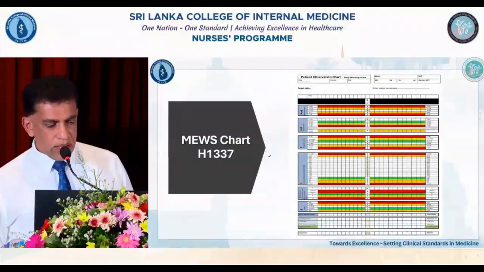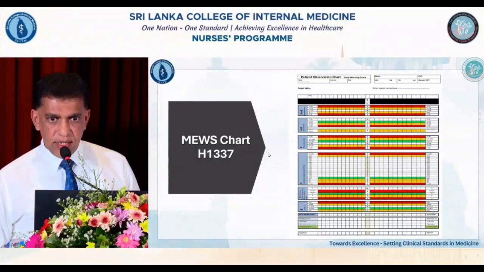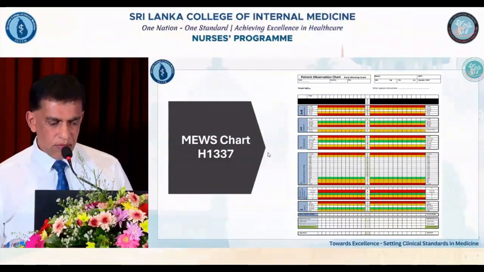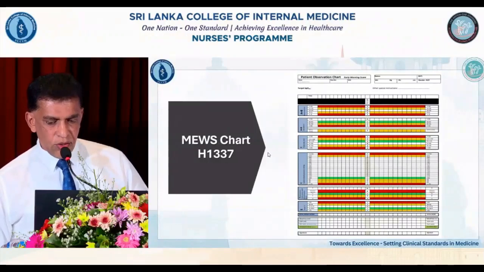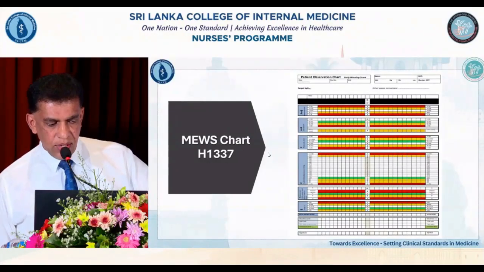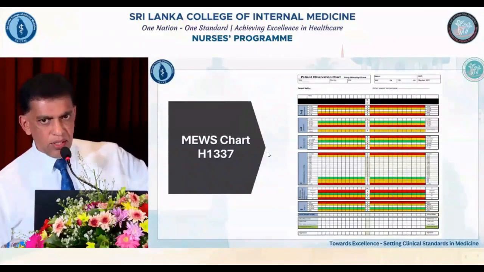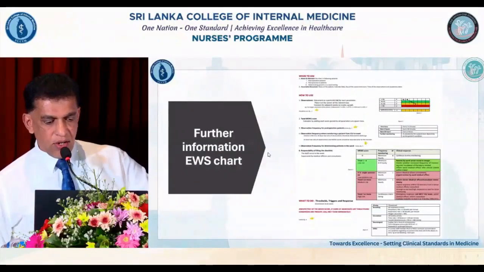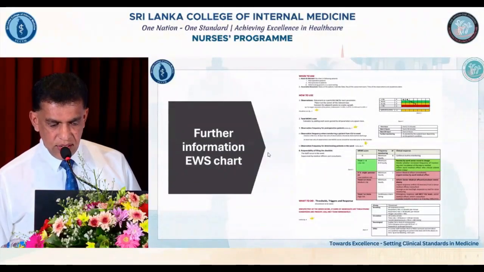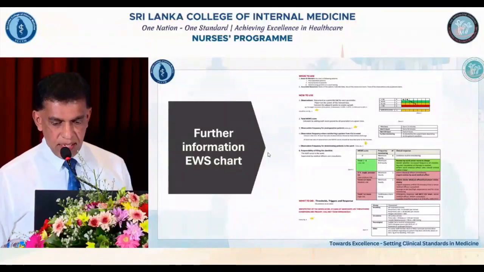This is actually an H form, so it's a legal document, in your hand, called H1337. I will take you through this very briefly, and you can see the overleaf. You can turn it around and see there are a lot of details on the other side as well, for people who are not very familiar with this.